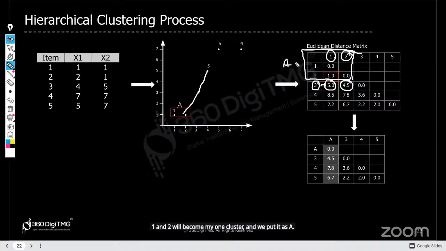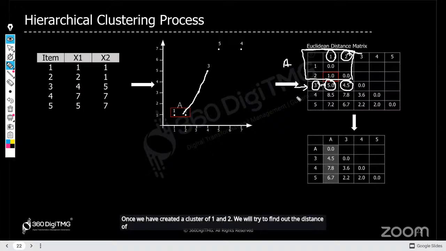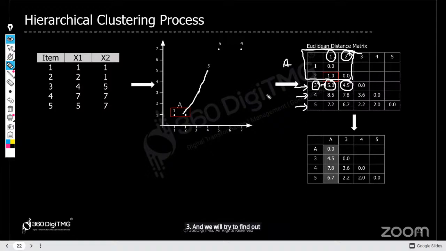Once we have created the cluster of 1 and 2, we will find the distance of this cluster with all these three, and find which distance is the closest. Out of 5 and 4.5, 4.5 is the closest, so we write 4.5. Out of 8.5 and 7.8, 7.8 is the closest, so we write 7.8.